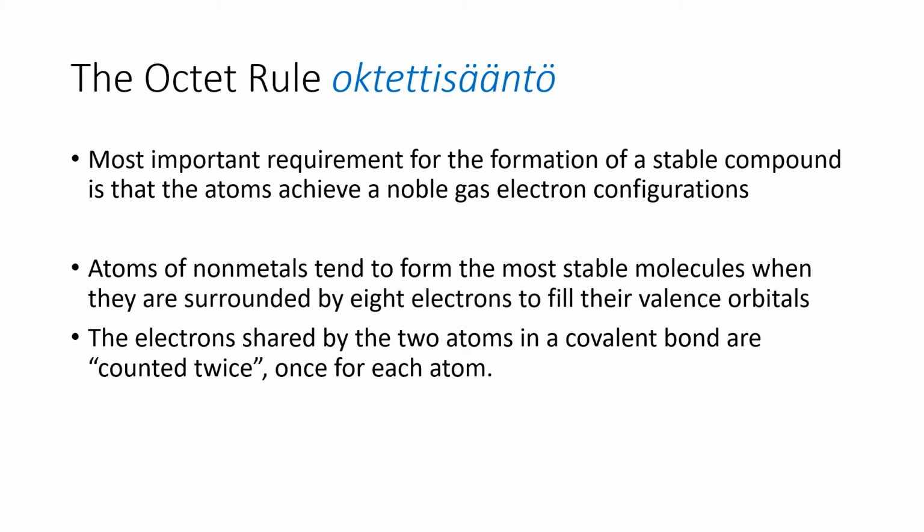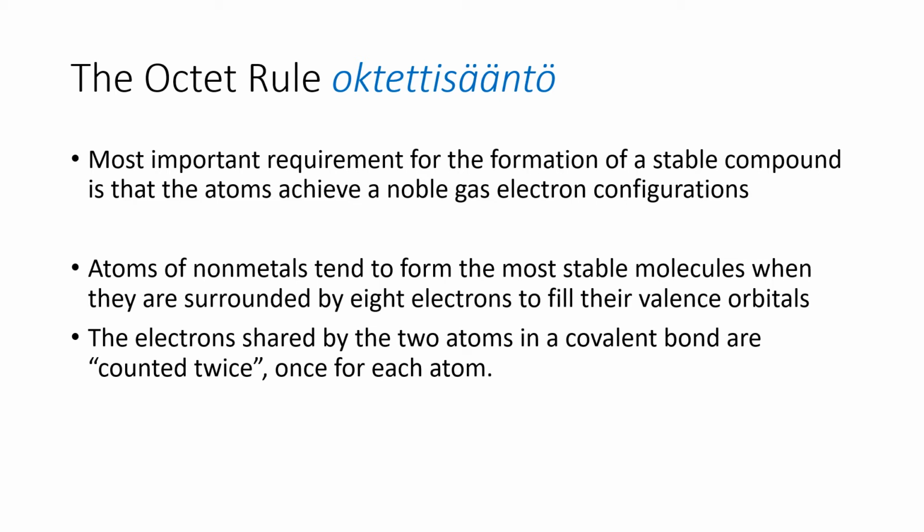The Octet Rule is a chemical rule of thumb that a stable arrangement is attained when the atom is surrounded by 8 electrons in its valence shell. Main group elements tend to bond in such a way that each atom gets the same electron configuration as a noble gas.